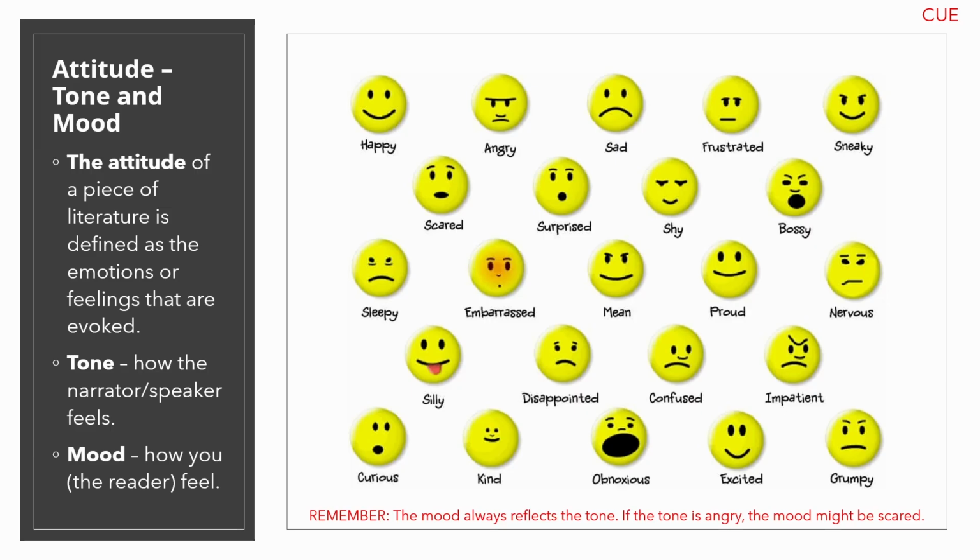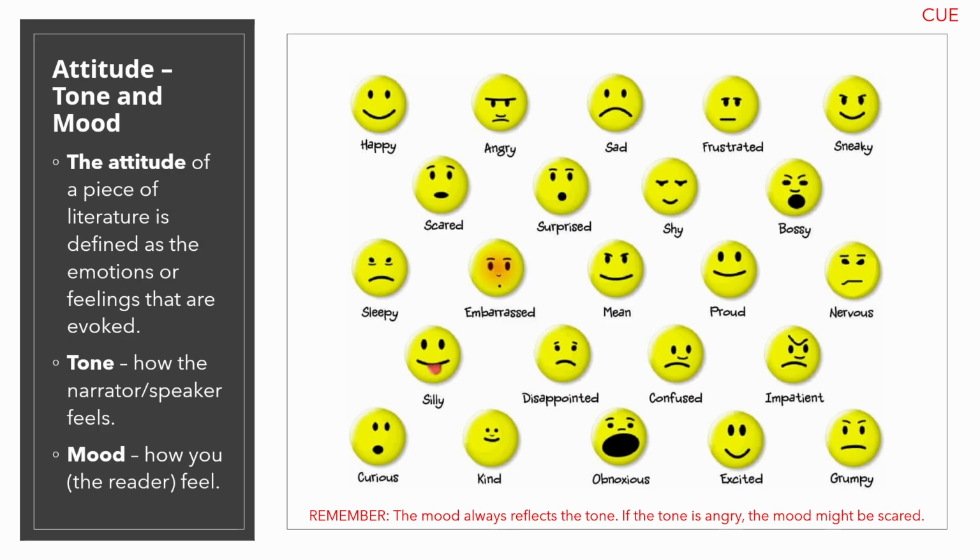Now let's talk about attitude. Attitude can be viewed in two different ways. That is the tone, which is how the narrator or speaker feels, and the mood. The mood is how the reader feels. The mood is always a reflection of the tone. The narrator will set the tone, and then that will determine how you feel as the reader.